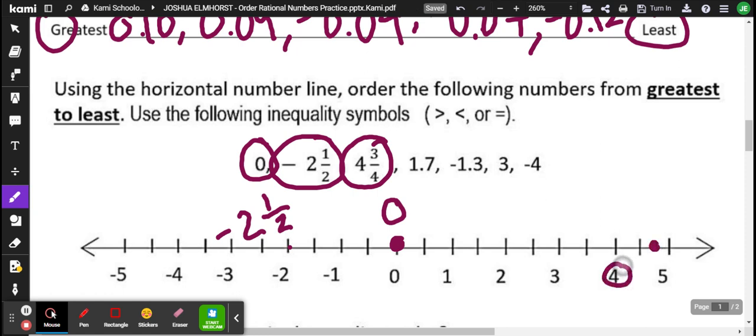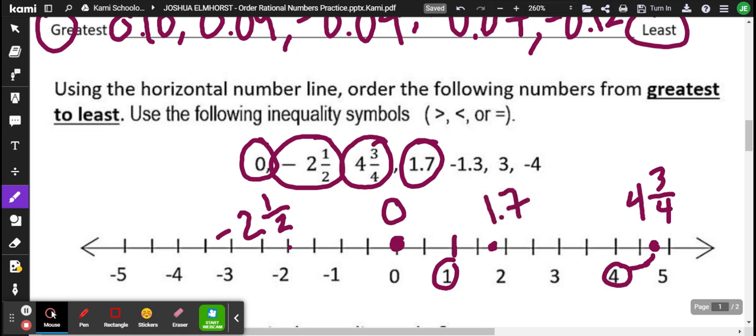It's going to go over here to 4 and then a little bit past to 3/4. 1.7, go over here to 1 and estimate about 0.7 between 1.5 and 2.0. Got 1.7, negative 1.3, go here to negative 1, and you're going to go past a little bit.